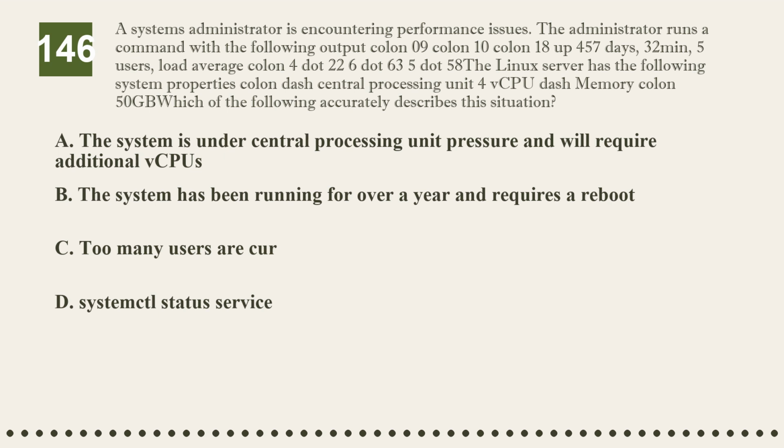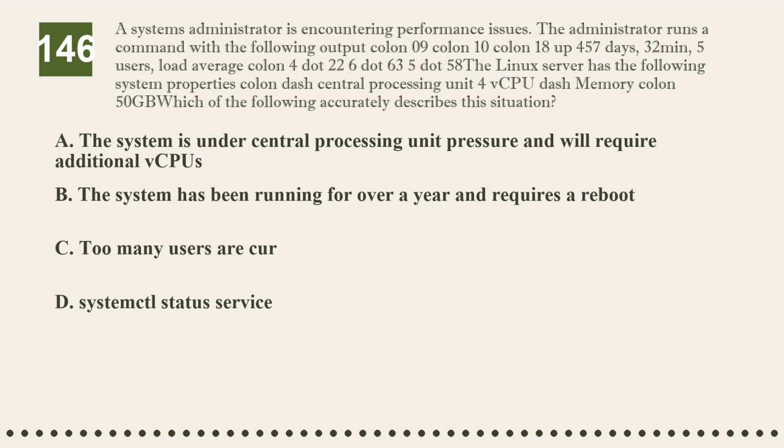Question 146. A systems administrator is encountering performance issues. The administrator runs a command with the following output: 09:10:18 up 457 days, 32 minutes, 5 users, load average 4.22, 6.60, 35.58.